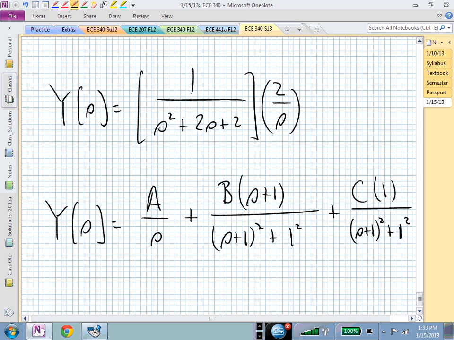Maybe that was a poor choice of R's, L's, and C's because this 1 in the s plus 1, that's going to be in the e to the minus piece. This damped frequency is going to be in the cosine and sine frequency piece.